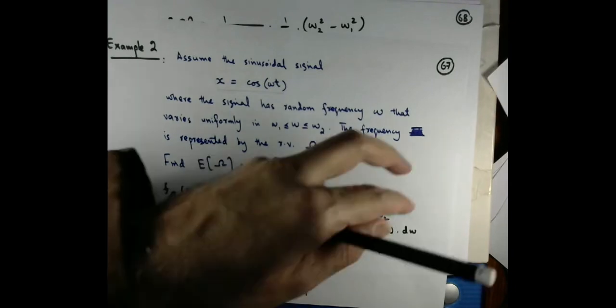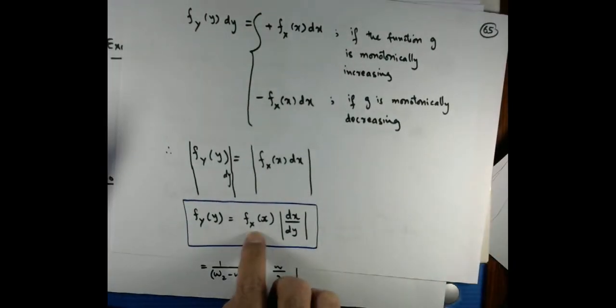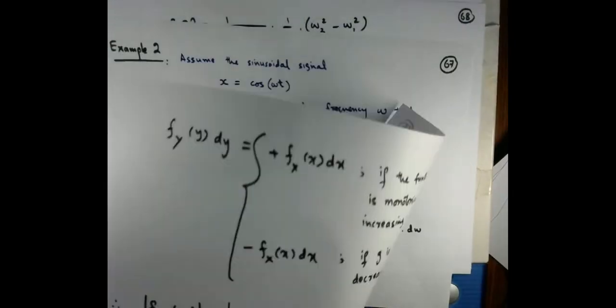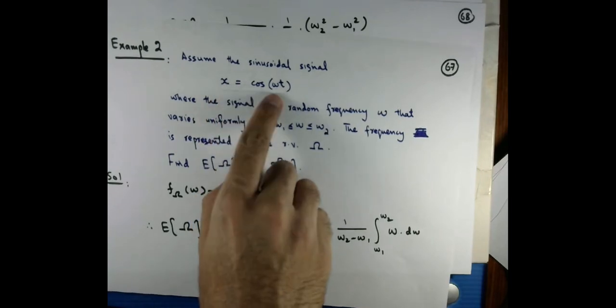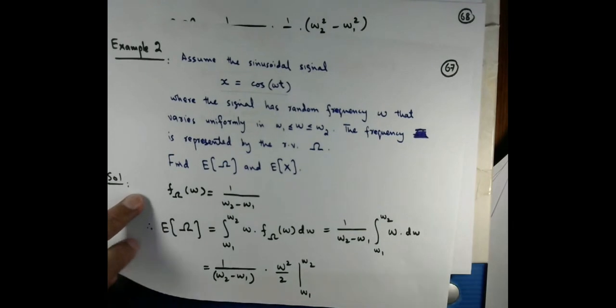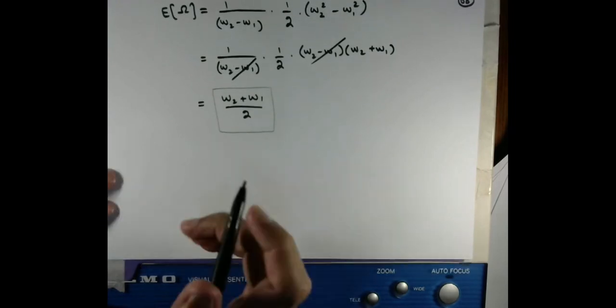Here in the basic relation, x was your parent random variable and y was your derived random variable. But in this example, x is your derived random variable and omega is your parent random variable. So please do not confuse these. So now I move on and write.